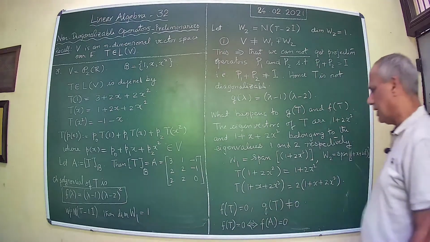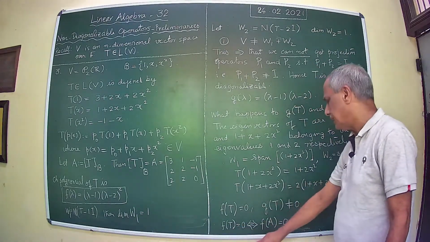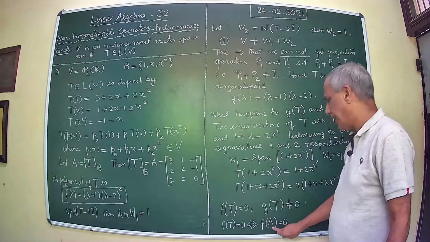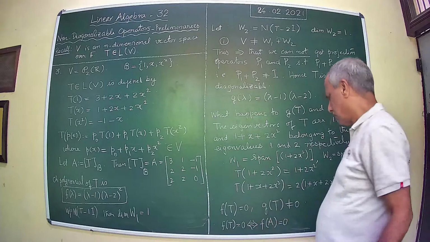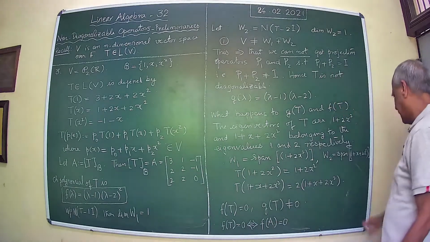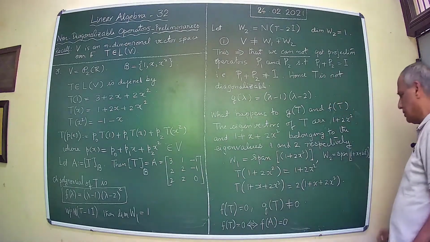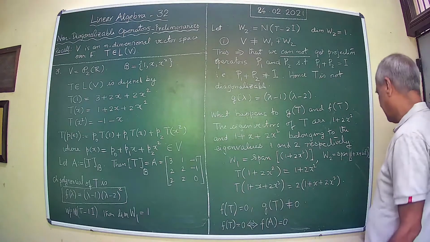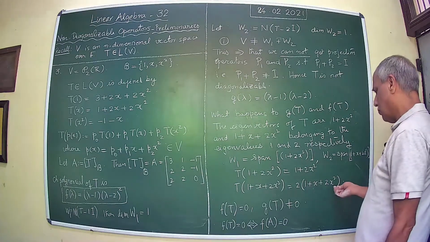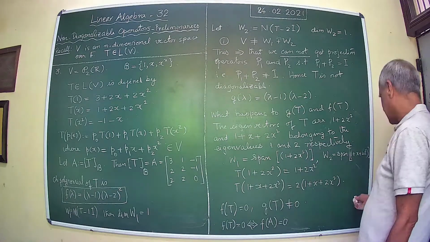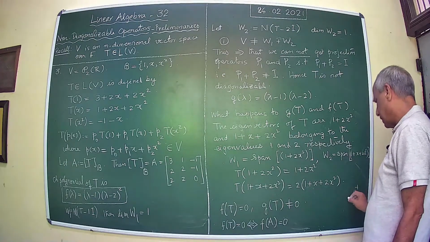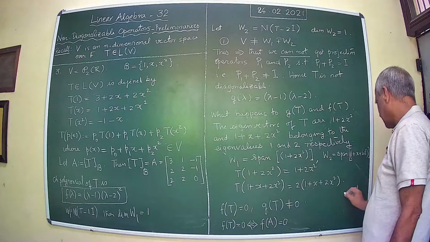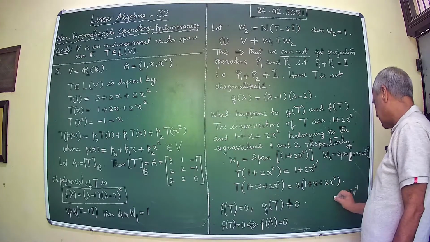Look at the relation between T and A. A is the matrix of T. We have seen in our figure that the T operator is actually phi inverse A phi.